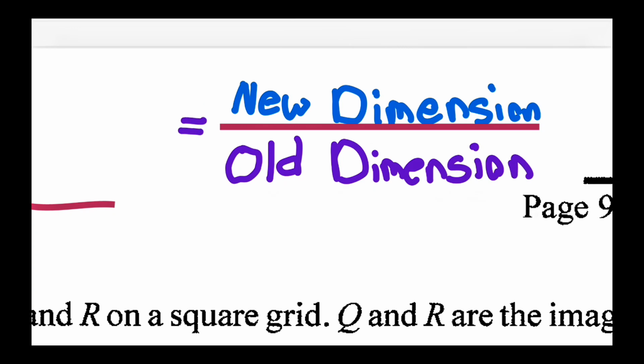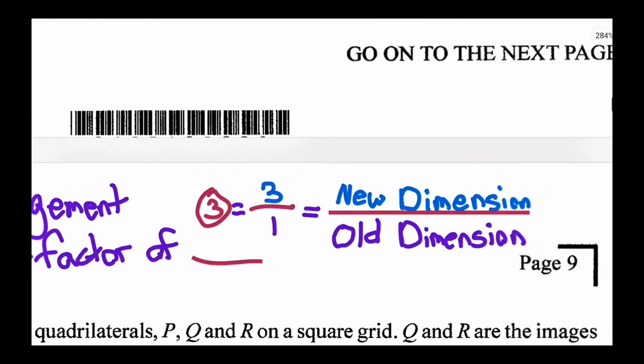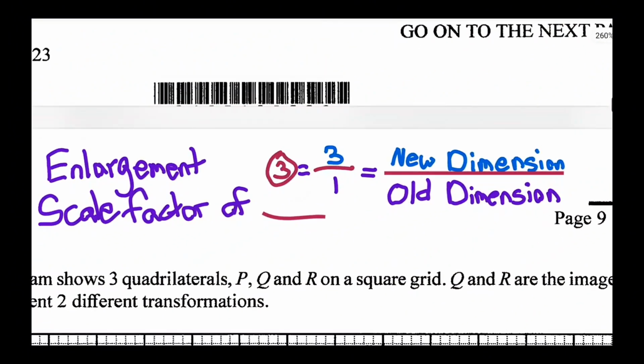So therefore, the new was 3 and the old was 1. 3 divided by 1 is 3. So therefore, this is saying that this enlargement has a scale factor of 3.